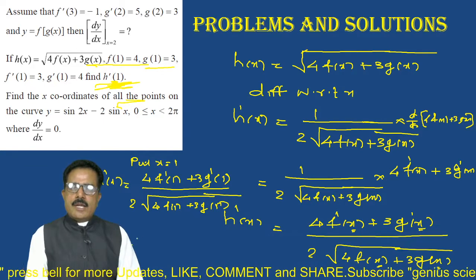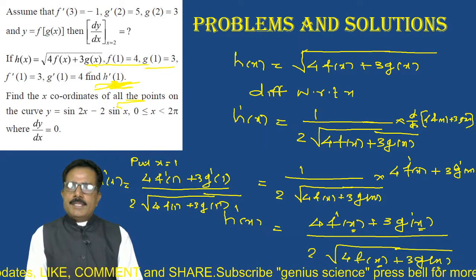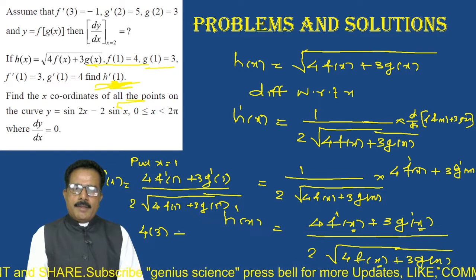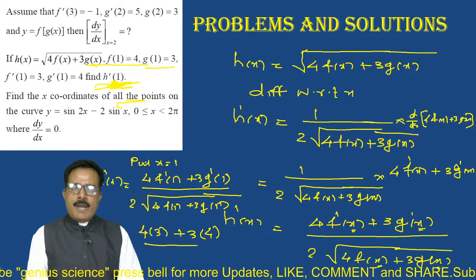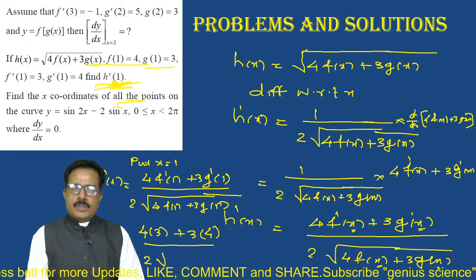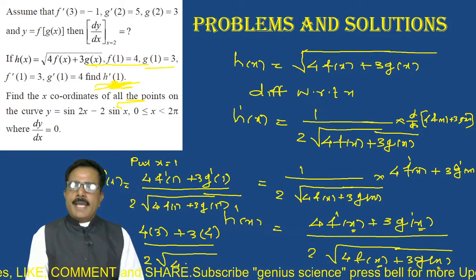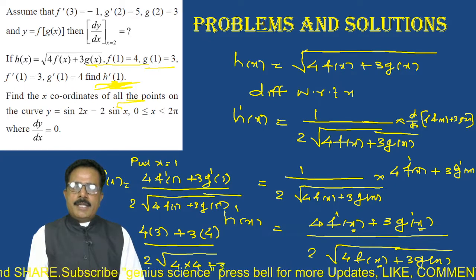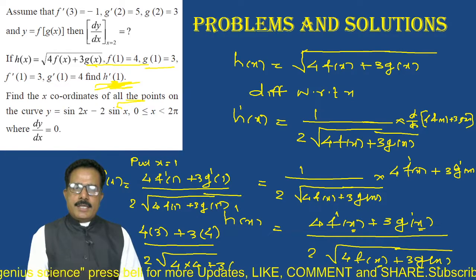Calculate these values according to the given values. We are given f dash of 1 is 3 and g dash of 1 is 4, means 4 into 3 plus 3 into g dash of 1, which is 4, divided by 2 root what? 4 into f of 1, which is given, that is 4, plus 3 into g of 1, which is given, that is 3.